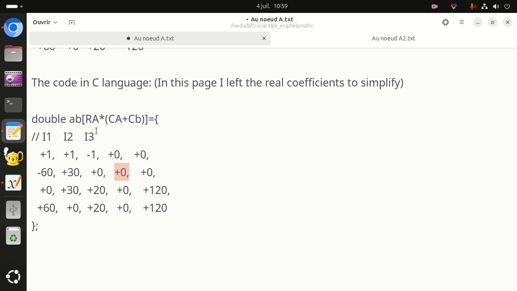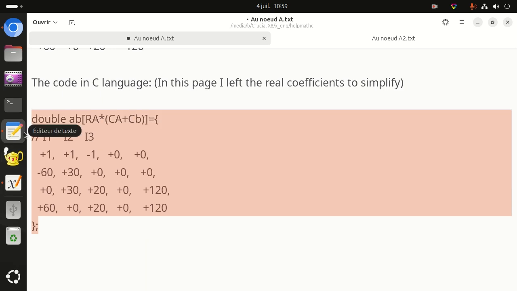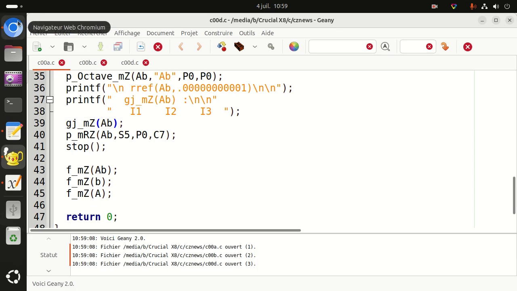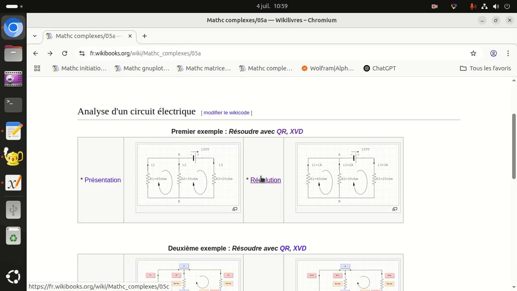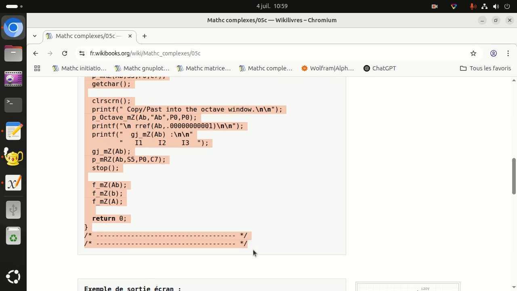It is better for my function, the Gaussian function. Now I want to resolve this system. Also I use the C language, the C file for this work.